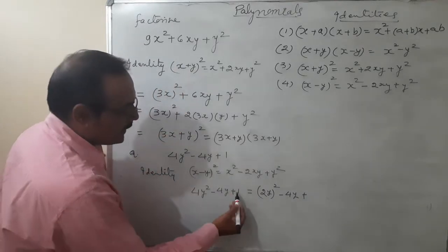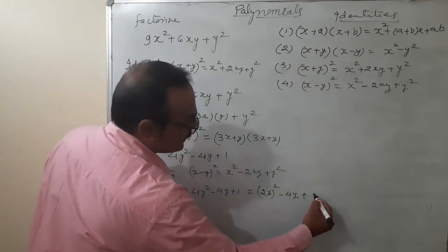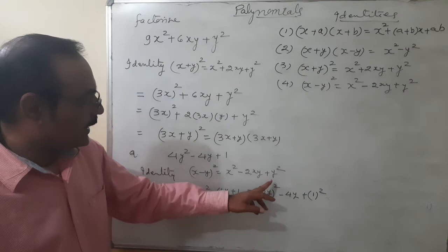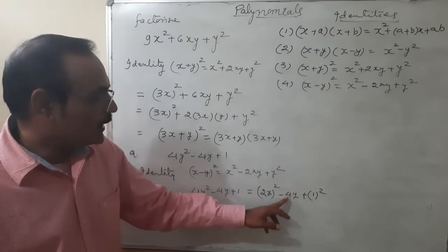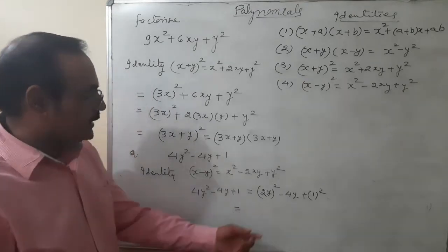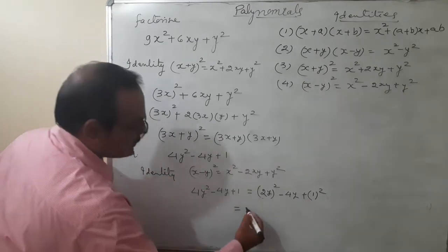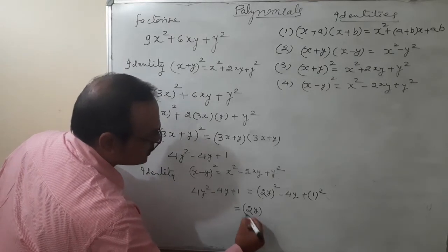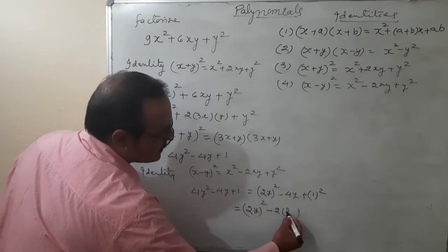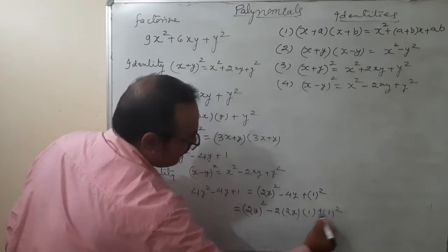Since 1 square is also 1, in place of 1 may I write 1 square. There is no change in the meaning. You can see this is x square minus 2xy plus y square. So one clue we got is that x is 2y and y is 1. So I am writing 2y whole square minus 2 into 2y and 1, plus 1 square.